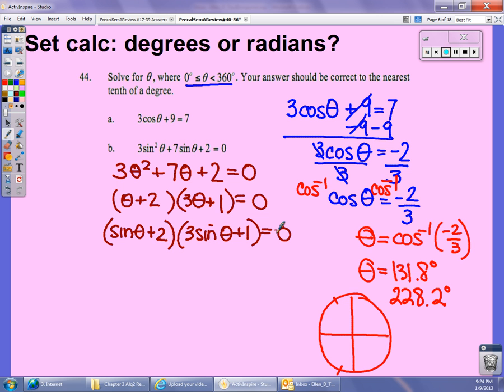If you don't need those first two steps, then please just skip them. Now that we've got this factored, remember, to solve, we have to set each factor equal to 0. So first one, sine theta plus 2 equals 0. To solve, we'll subtract 2 from each side, and we get sine theta equals negative 2.